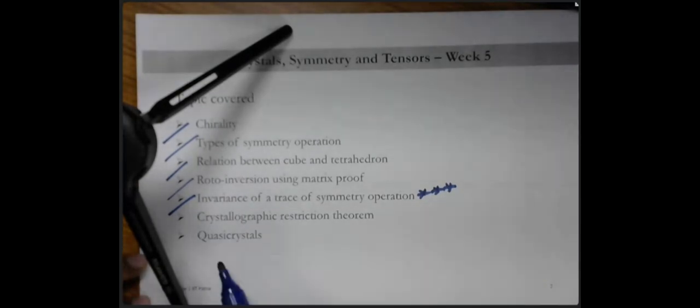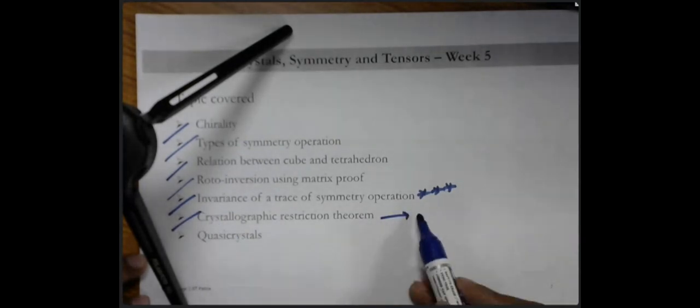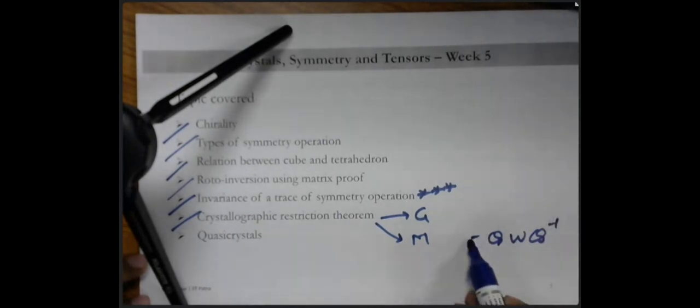Then the concept of the crystallographic restriction theorem and its proof, both geometrically and by the symmetry transformation matrix, where we have used this equation.